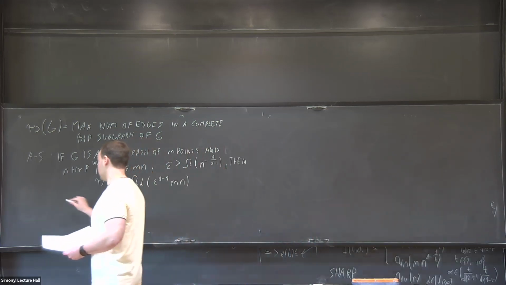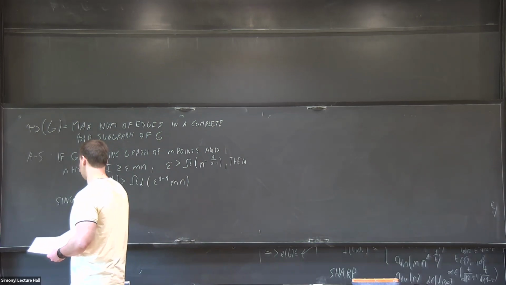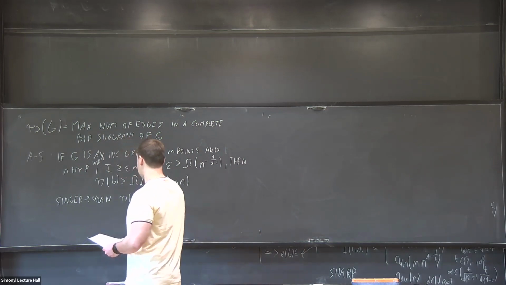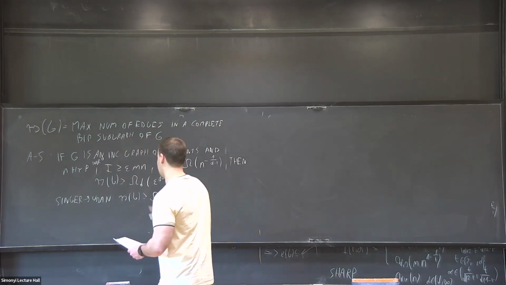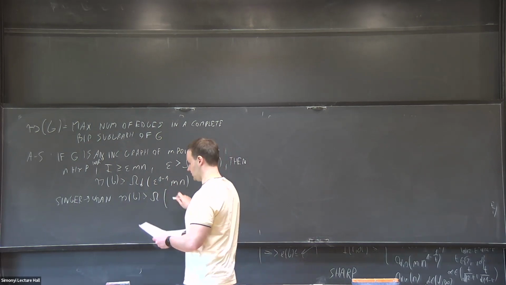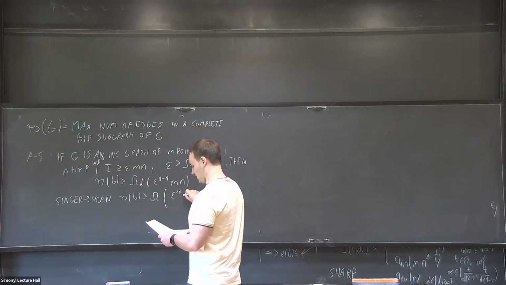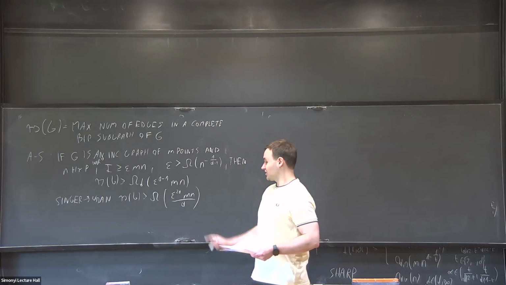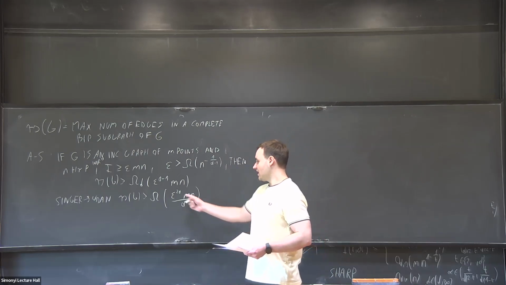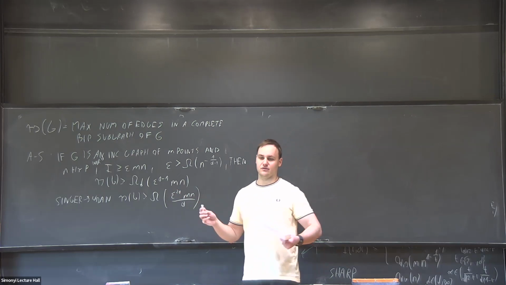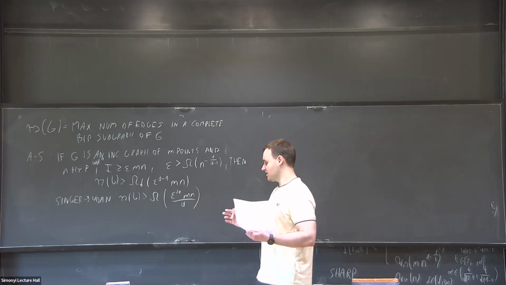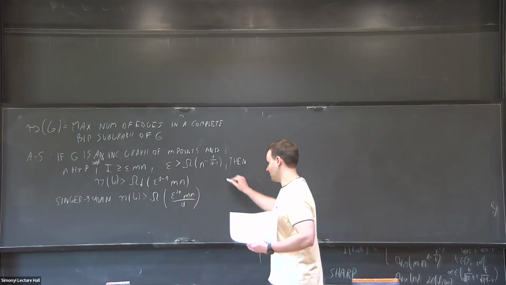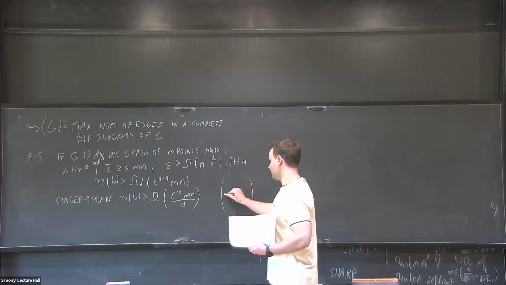Here there was a related result of Singer and Sudan, which is recent, where they show that this largest bipartite subgraph is at least omega of epsilon to the 2d times m over d. The important thing is that this does not depend badly on d. So when epsilon is like 1/2, so your incidence matrix is half zeros, then you can find a complete zero submatrix of size roughly (1/2) to the d.